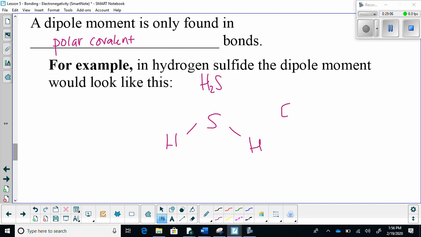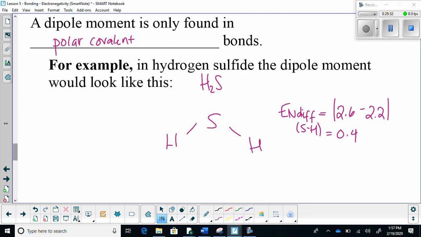So the EN difference is equal to the electronegativity of sulfur minus the electronegativity of hydrogen, which gives me an electronegativity difference of 0.4 between the bond of sulfur and hydrogen. So that's a pretty small arrow that I'm going to be drawing.